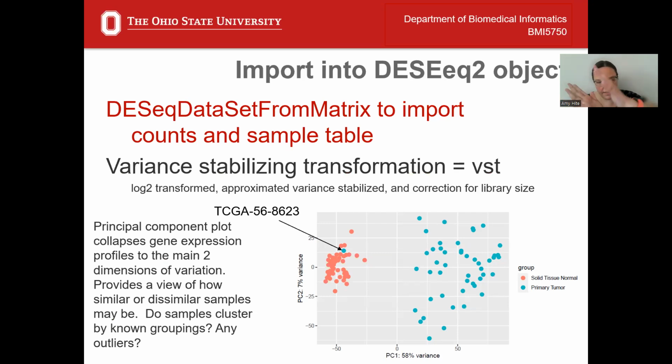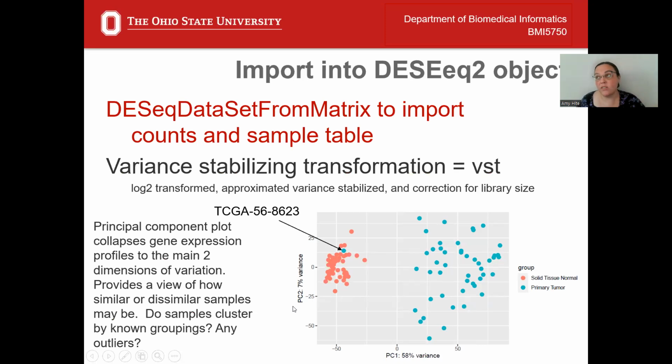This collapsing onto a two-dimensional view makes a measurement for every single sample of the first dimension of variability in our data set. This is PCA1 or PC1, and then also the second most contribution of variation in our data. This is called PC2.